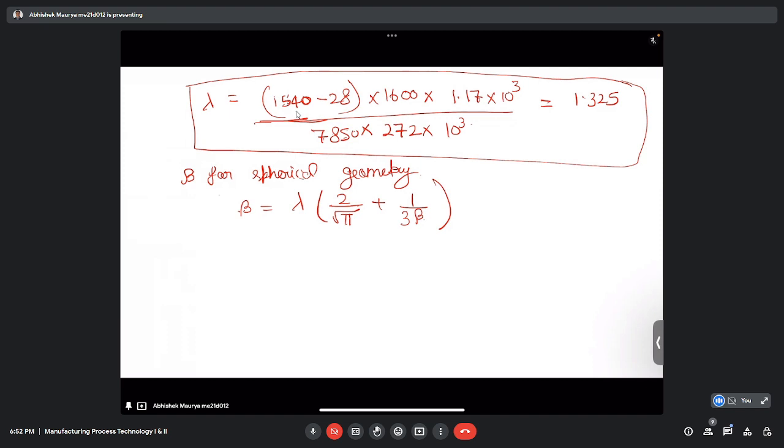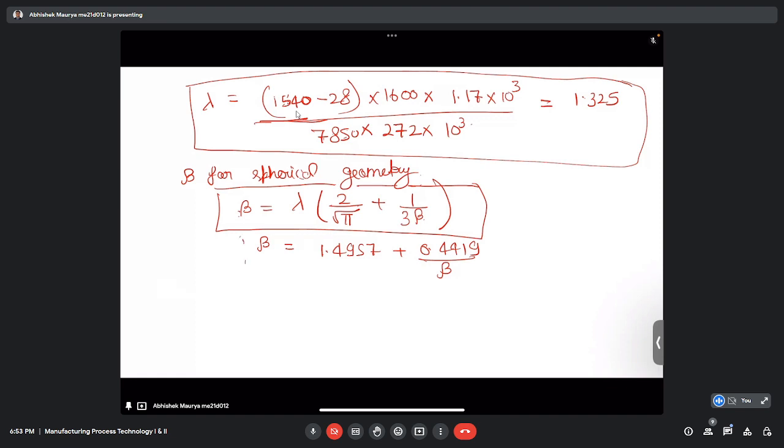So this is the relation for a sphere, giving the relation between lambda and beta. Now we will substitute the values. We get beta equals 1.4957 plus 0.4419 divided by beta.